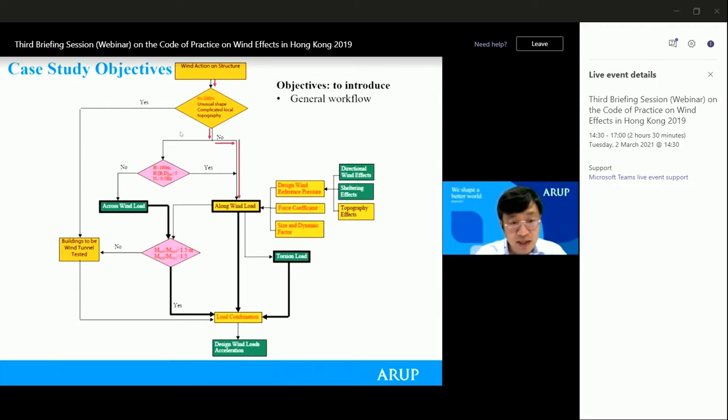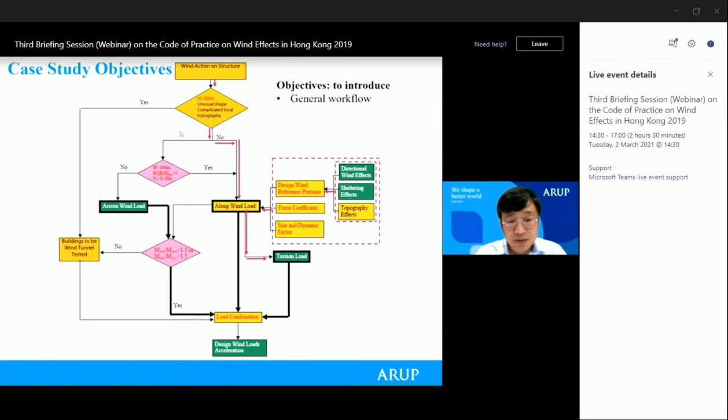If the standard approach applies, we can go downward to calculate the along wind load. For the along wind loads, there will be 3 components: the design reference wind pressure, the force coefficient, and the size and dynamic factor. The design reference wind pressure is also related to directionality, sheltering, and topographic effect.